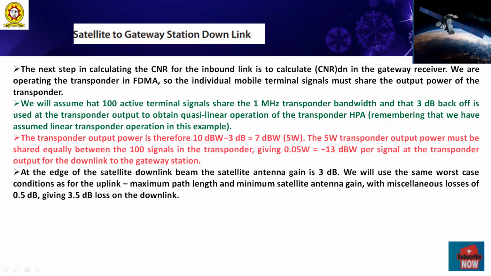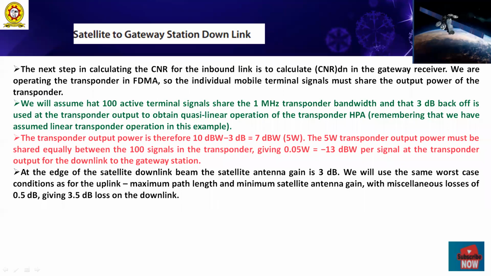To calculate the C by N ratio for the inbound link, the steps we have to take are to calculate C by N for the downlink at the gateway receiver. This is a very important point to notice under the satellite to gateway link. Why?